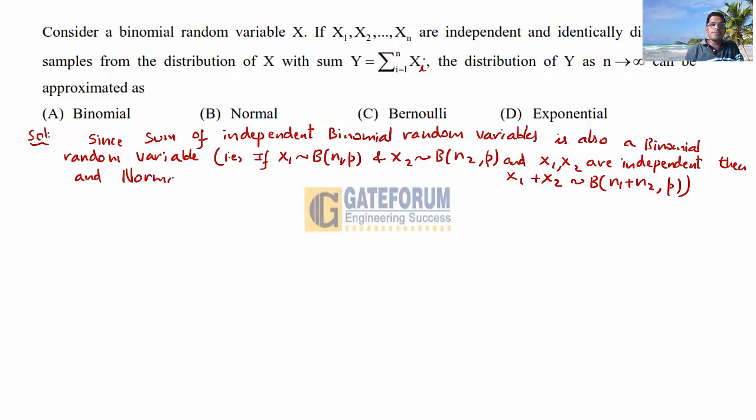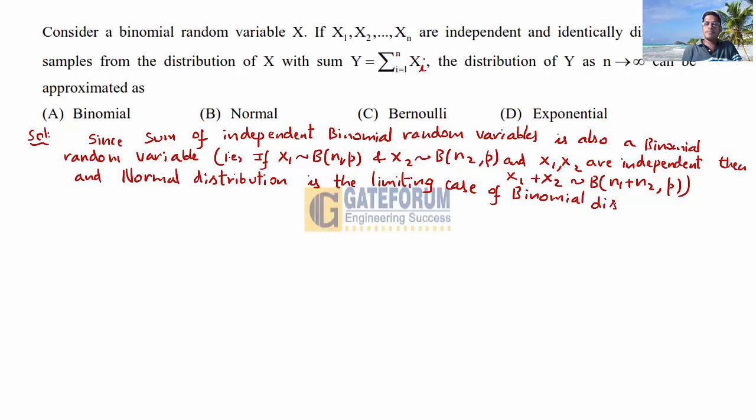Normal distribution is the limiting case of binomial distribution if n is indefinitely large, neither p nor q are small. So that is n tends to infinity.